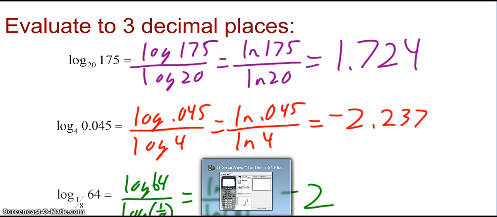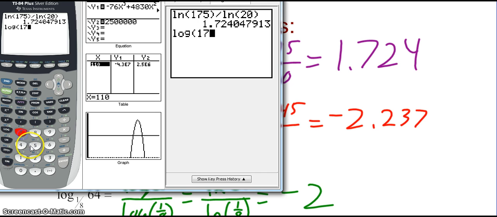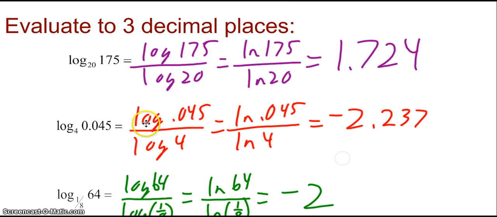Just to practice typing that in if you're not comfortable with it or if you got something different: natural log of 175, close parentheses, divided by natural log of 20. Hit enter. Or, like I said, you could do log 175, close parentheses, divided by log 20. Hit enter. Same thing.